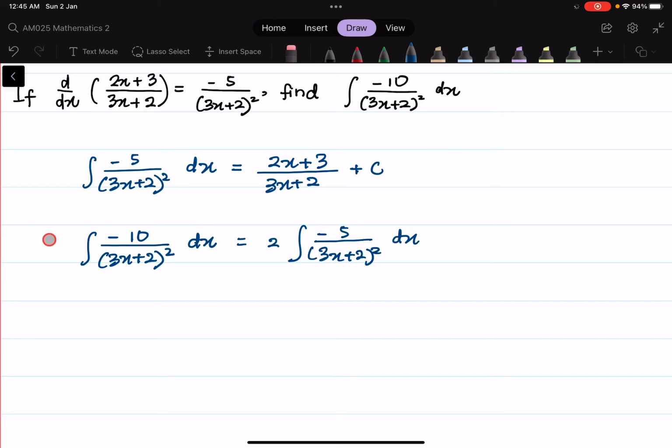We're going to get back this question, right? So we can simply multiply this by 2, 2 times (2x + 3)/(3x + 2) plus C. That's it.